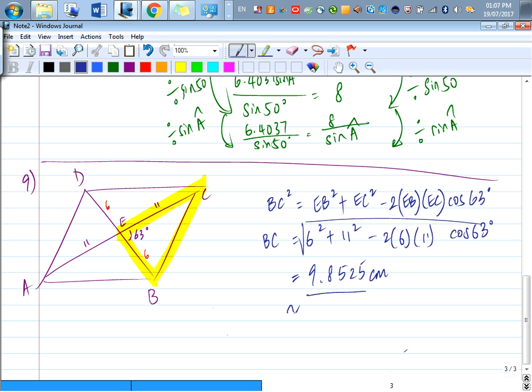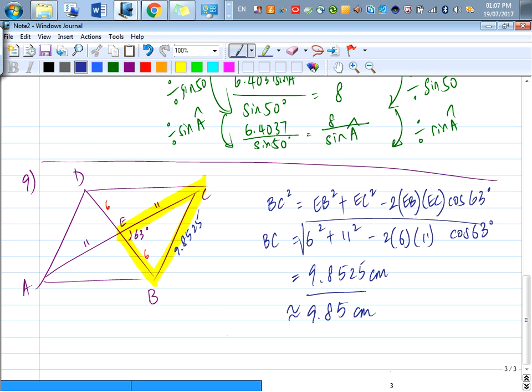Must have the units. Round it off, 9.85 cm. Okay, now I have BC. In my diagram, I want to transfer this answer over. Should I transfer 9.85 or should I transfer 9.8525? The more SF, the better. So 9.8525.